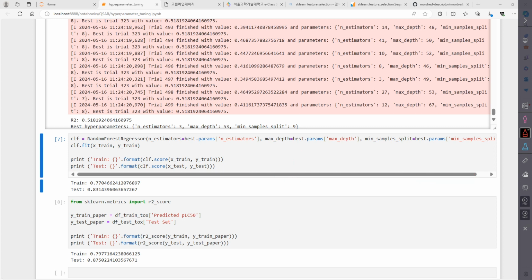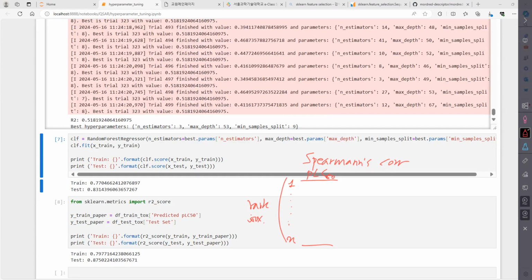Another metric is called Spearman's correlation. There are compounds from 1 to n, and if we know the PLC50 value, we can rank the compounds from the highest PLC50 value to the lowest PLC50 value, and let's say this is the rank of toxicity.